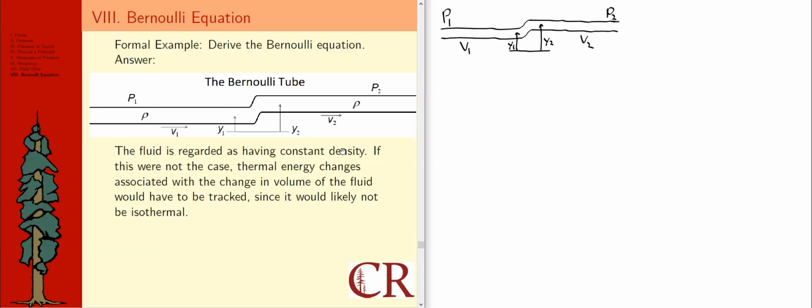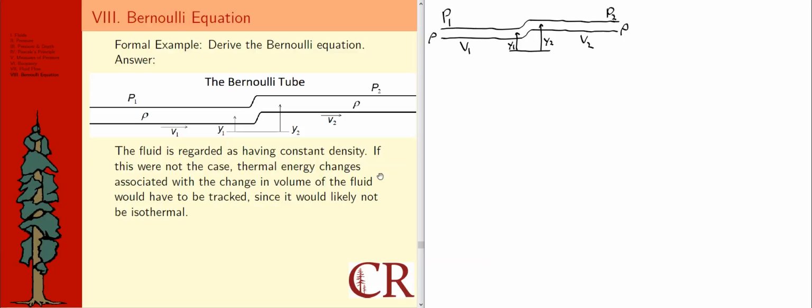The fluid is regarded as having constant density, so we can put in labels here for density and say it's the same density rho on both sides of the bend because the fluid is incompressible, which means it has constant density. It says here, if this were not the case, thermal energy changes associated with the change in volume of the fluid would have to be tracked, since it would likely not be isothermal.